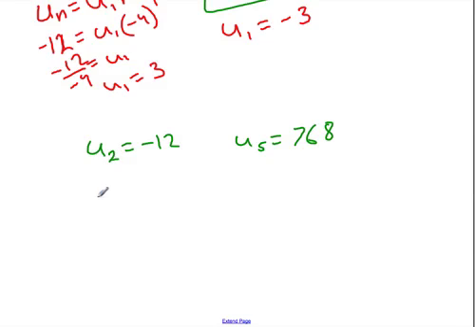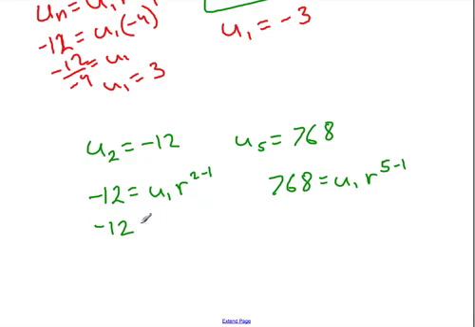U sub 2 would be -12, and that equals U sub 1 times r to the power of 2 minus 1. And this would be 768 equals U sub 1 times r to the power of 5 minus 1. So again, -12 equals U sub 1 times r, and 768 equals U sub 1 times r cubed.